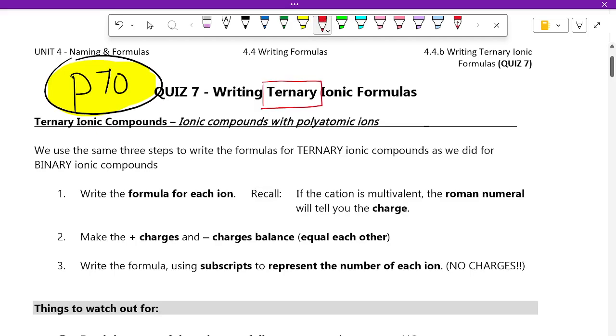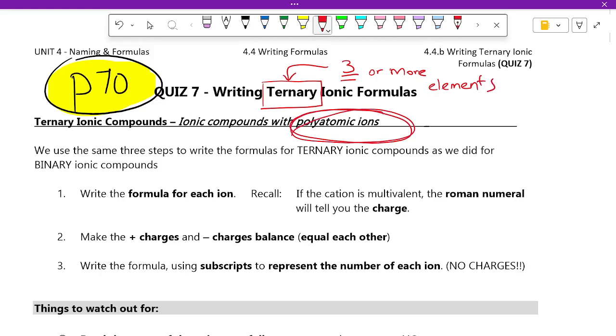You don't really need to know it, but ternary just means 3 or more elements. These are ones that contain polyatomic ions.